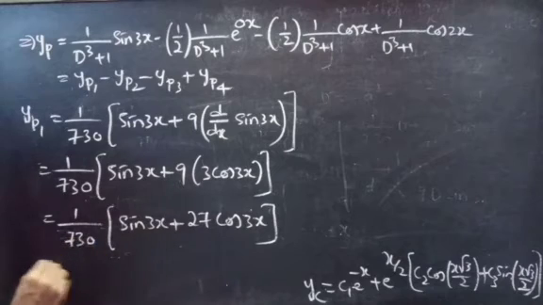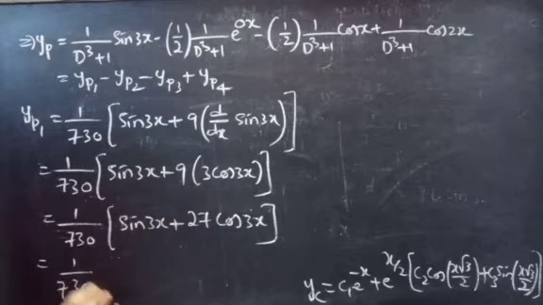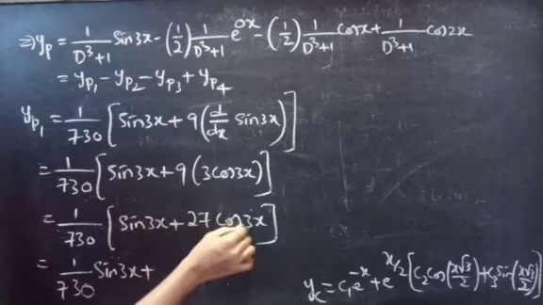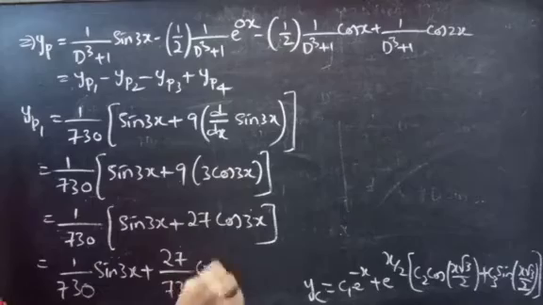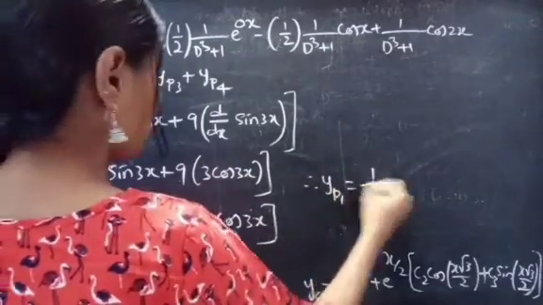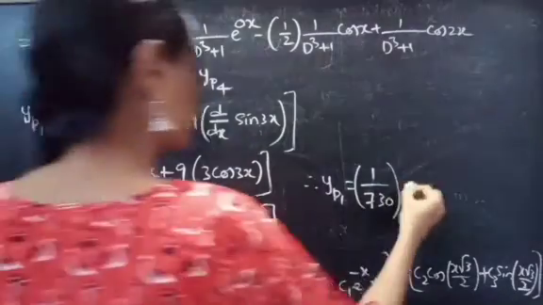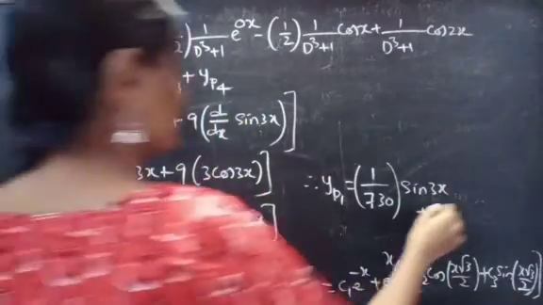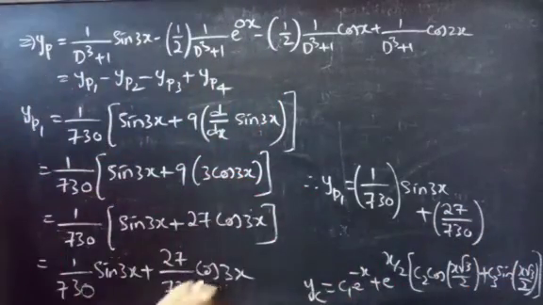Or you can write this as 1 by 730 sine 3x plus 1 by 730 into 27 cos 3x, which can be written as 27 by 730 into cos 3x. Therefore, yp1 equals 1 by 730 into sine 3x plus 27 by 730 into cos 3x.